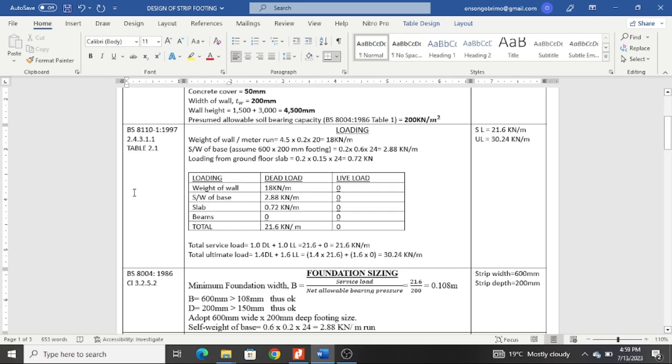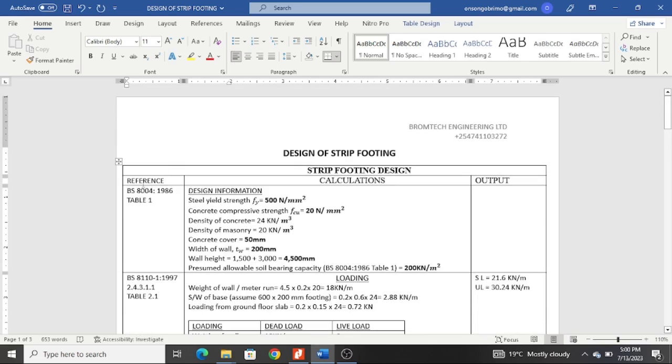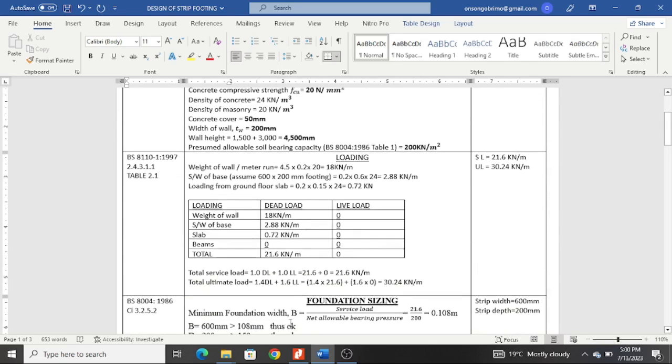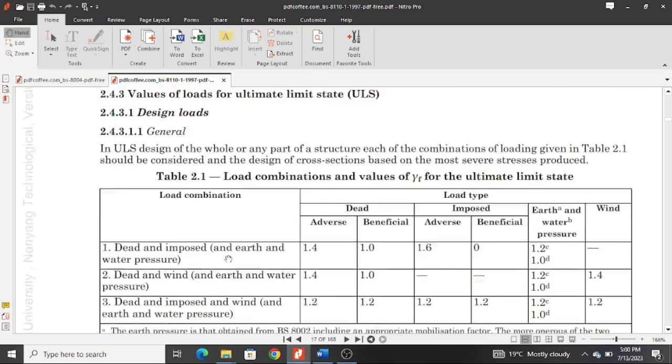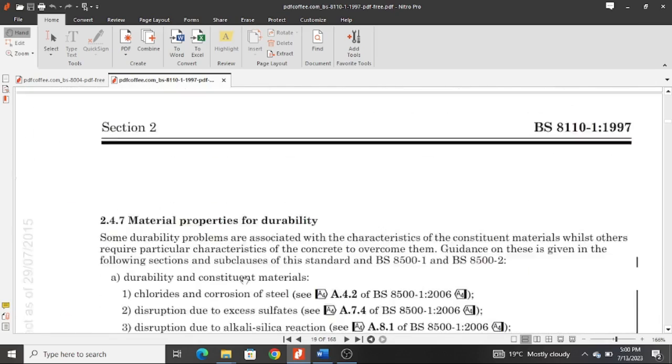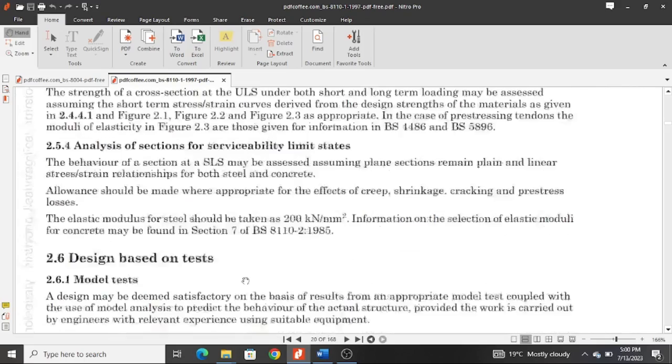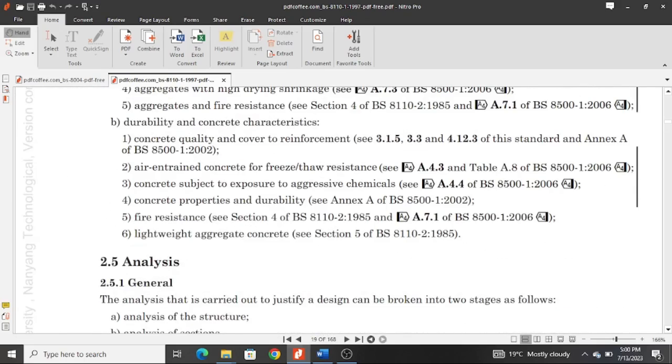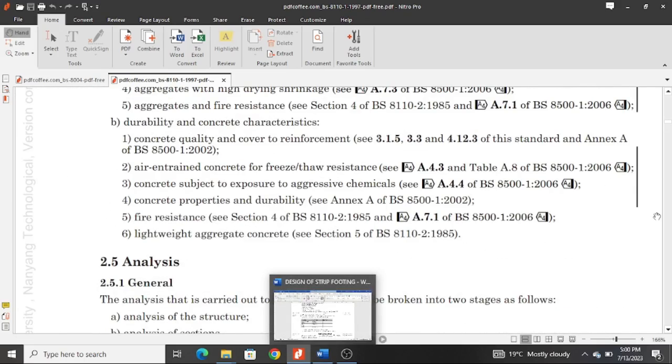Actually, I did this intentionally so that you are able to see how you do references from the code. So that is how you reference them. And then from there you have issues to do with creep and shrinkage and all that information. So this code is very handy.